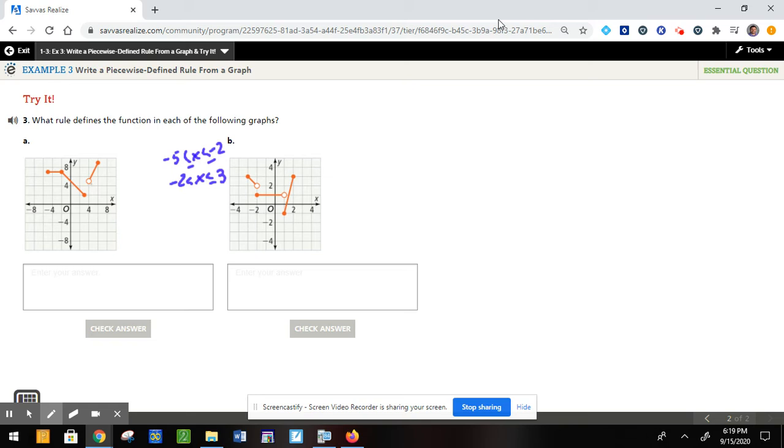All right, and then this one goes from 4 to 6. Is clearly an open circle there and a closed circle there. And then it's, what is the equation of the line? I mean, you can find the slope first or whatever, but for this, that slope is 0. That's a horizontal line. So that's y equals 7.